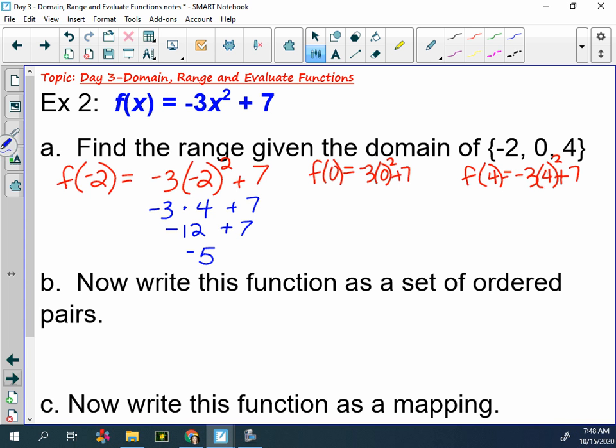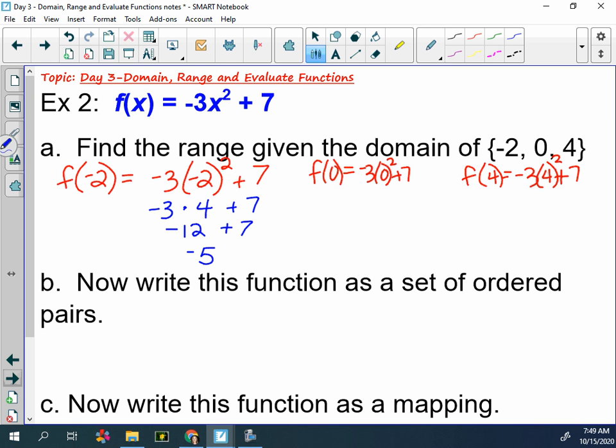Now if you were to use a calculator, sometimes I see people type this. If you're trying to square a negative and you don't put it in parentheses, your calculator thinks this is what you want to do.